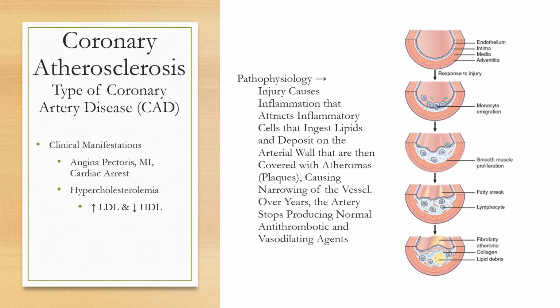And after minimal streaks, you start to get small plaque formation. And what's in the plaques? Well, there's usually inflammatory cells and lipids and fats and cholesterol that are depositing in the arterial wall. Okay. Now, there's still an endothelial lining.